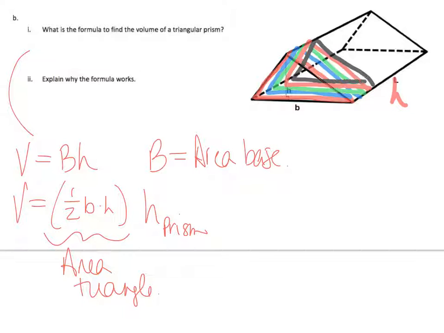We would just keep on going until we finished all the way to the end. So that's why we would do the area of one base stacked up the whole length of the height of the prism. That's why the formula works.